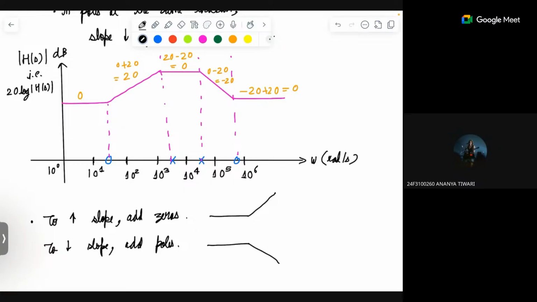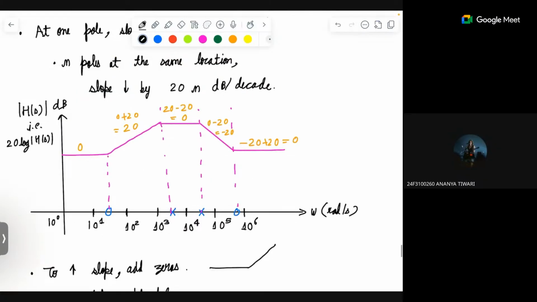Yes, ma'am. Now let us see. If I want this to be sharper, maybe I'll add one more zero here. Then my slope will increase by 20 into 2 dB per decade, so my slope will become 40. Are you able to see this? Yes, ma'am. If I add one more, what will my slope become? 60. Yes.